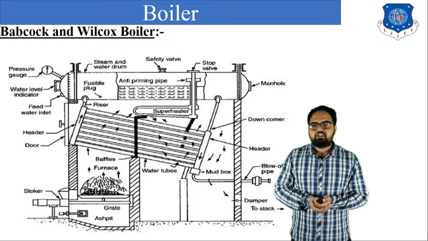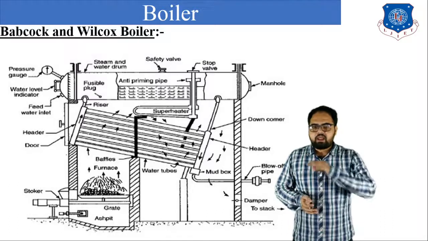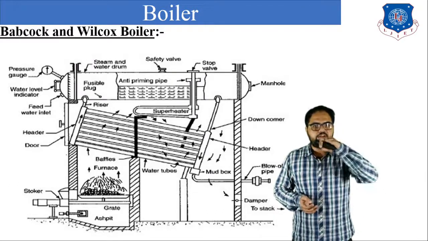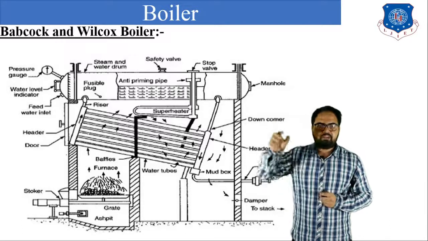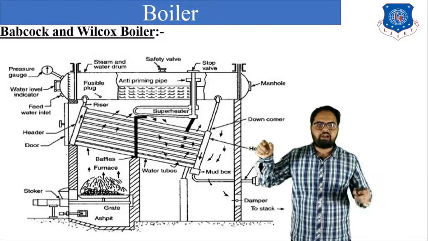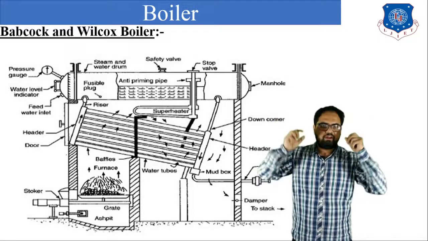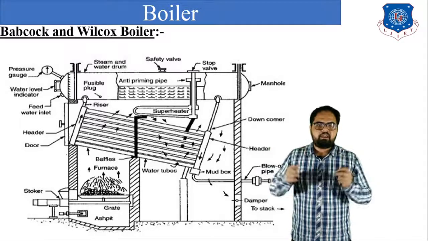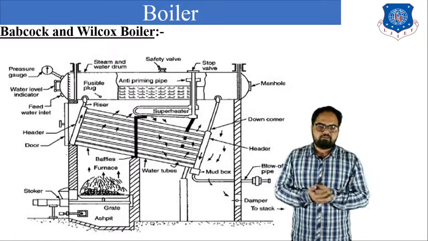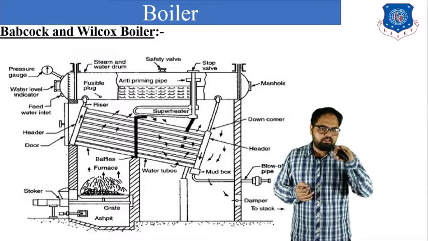So let's discuss the construction of this boiler. In this boiler, we can see that a number of inclined water tubes are installed, which are connected with the uptake and downtake headers. Those headers are connected with the water drum, and the water drum is filled with water. A number of vertical tubes are also installed.